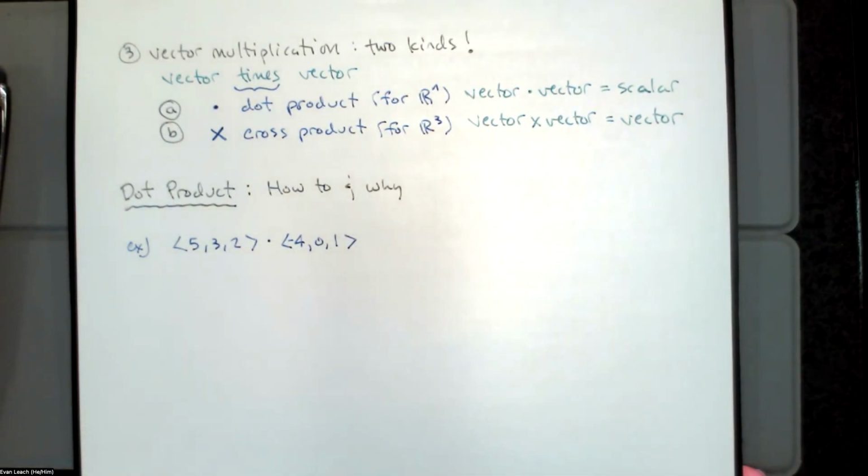I'll take the two vectors that I added before, and I will dot product them. Now the answer is going to be a scalar because we have vector dot vector equals scalar.